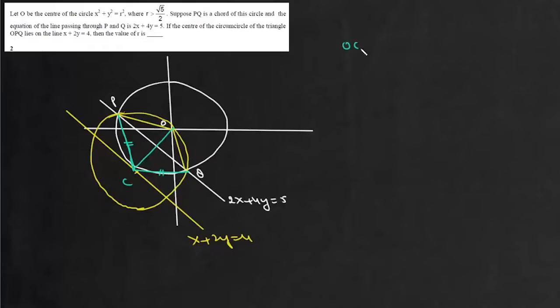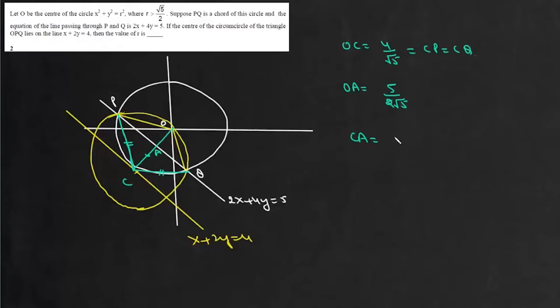So this OC is 4 by under root 5, and basically OC is the same as CP and CQ. So it is also equal to CP and CQ. Now suppose this point is A. Now OA is 5 upon 2 root 5. So we can find the CA.